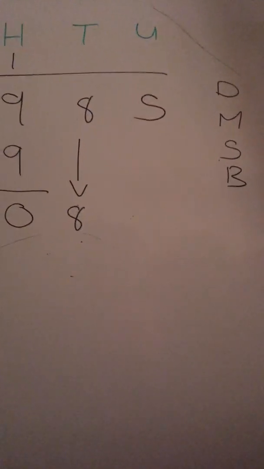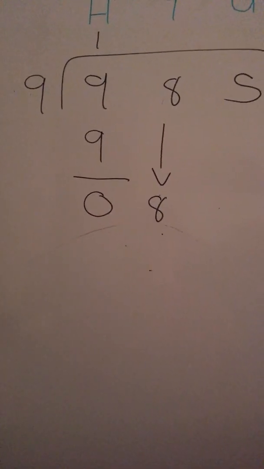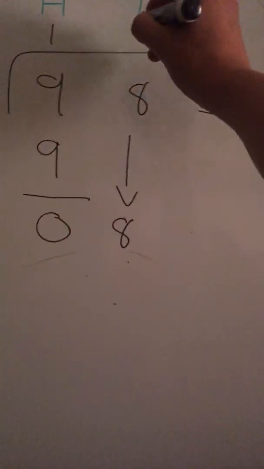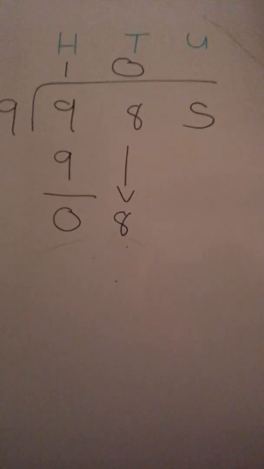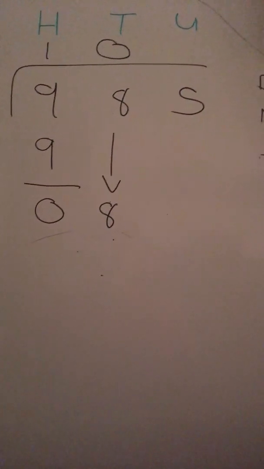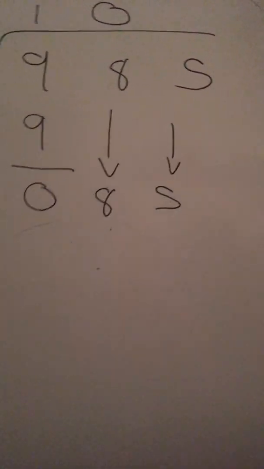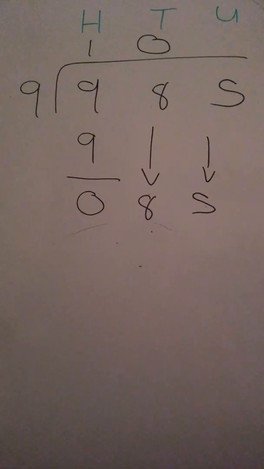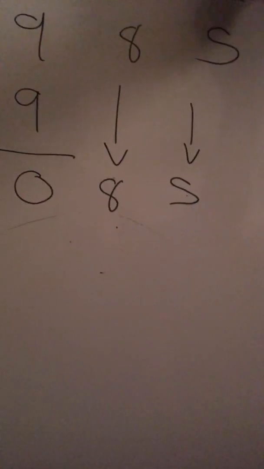Okay. Now what do we do? 9 goes into 8. 9 can't go into 8. Oh dear, we'll have to put a 0 there. And then we can do the whole rigmarole, or we can just start again by bringing that 5 down to help us. Okay? 9 goes into 85. That's 9 times.